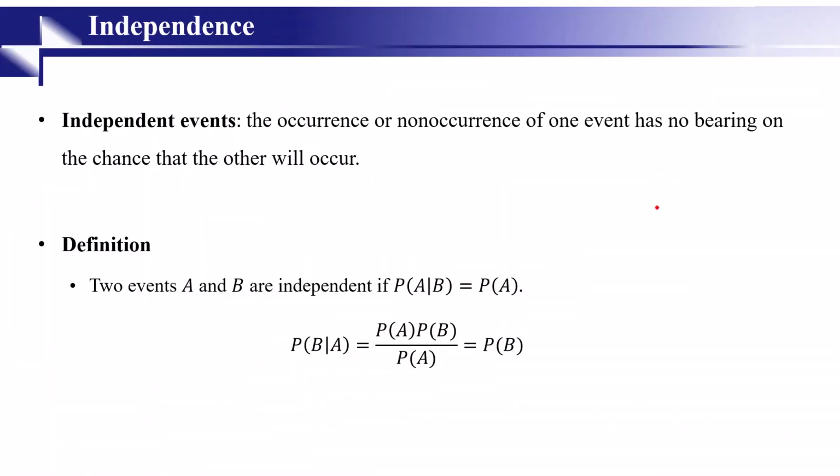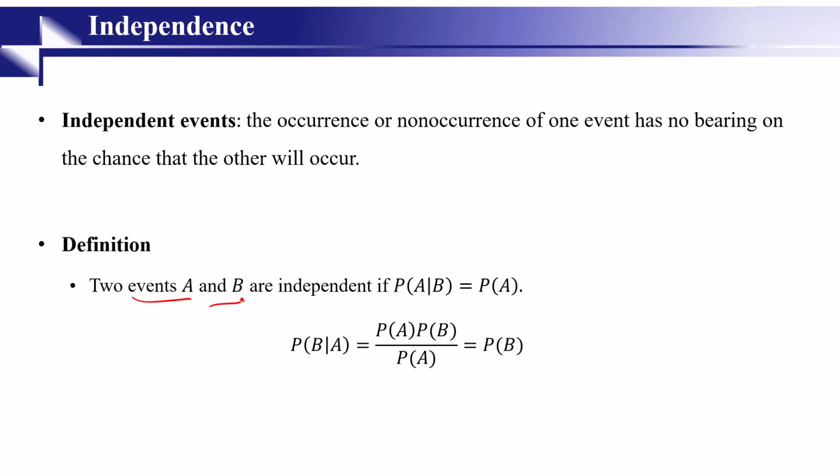Let's talk about independence. Two events A and B are called independent if one happening does not affect the other. For example, you flip a coin twice. What comes from the first try does not have any impact on the next one, and what comes in the second trial does not get any impact from the previous one.